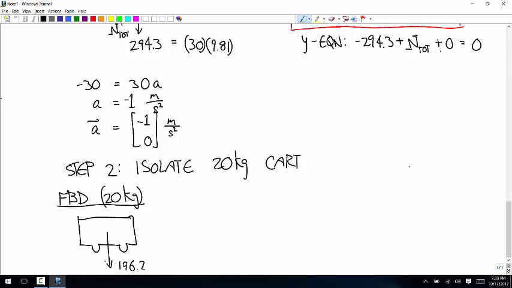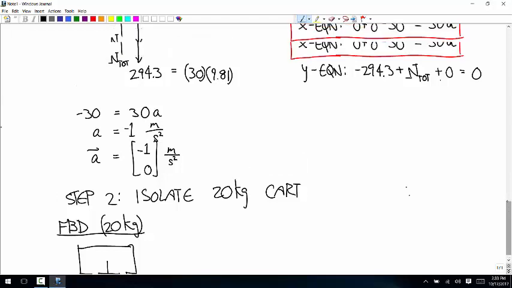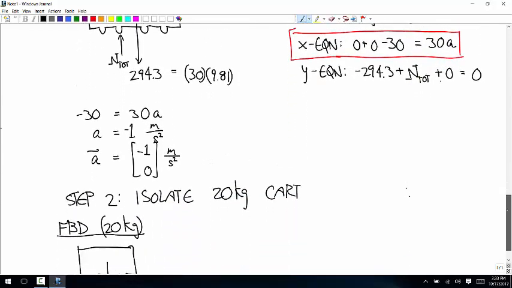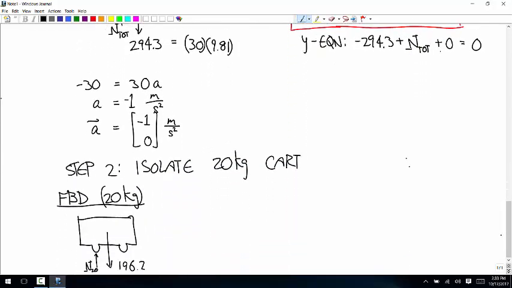And then there's an upward force from the ground. I'll call that N20. And keep going around the boundary. And when you get over here, that's where that 30 Newton force is.